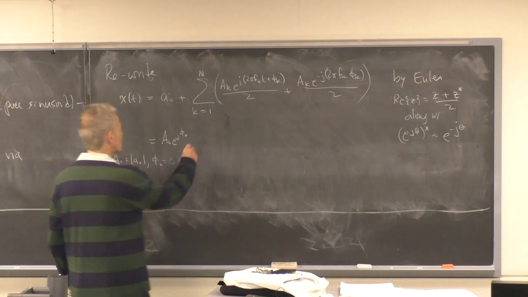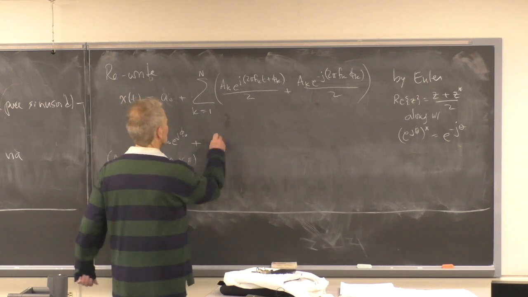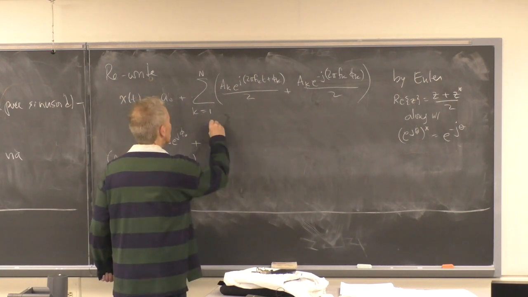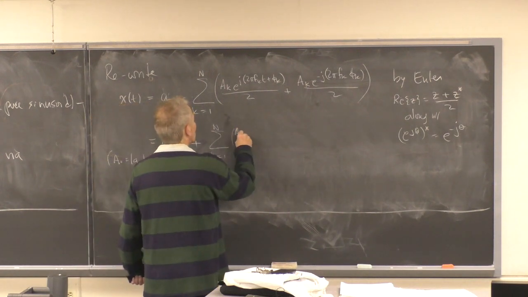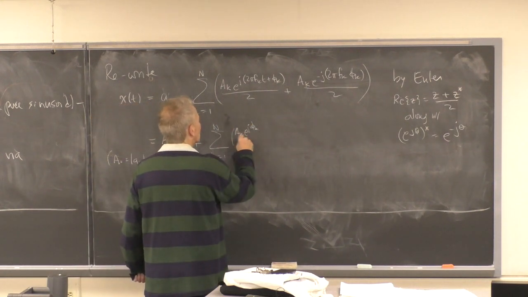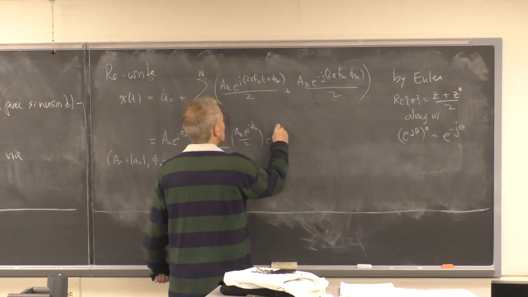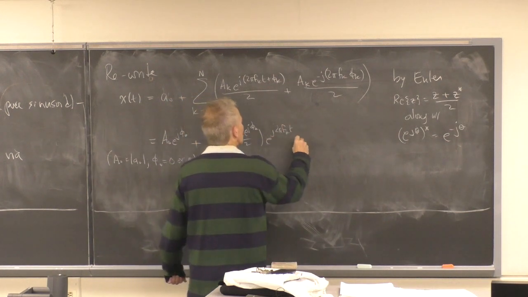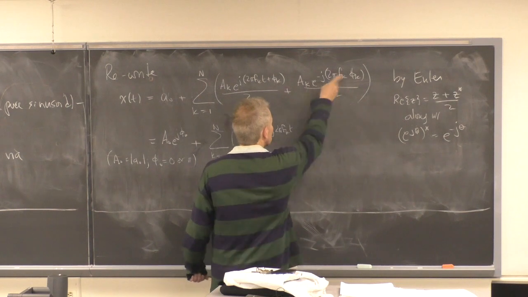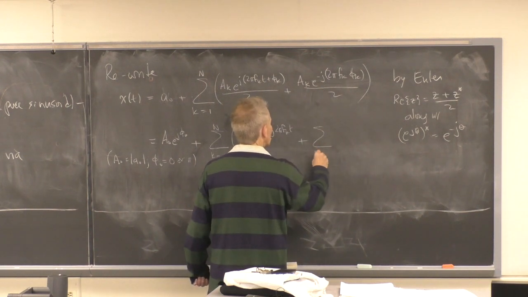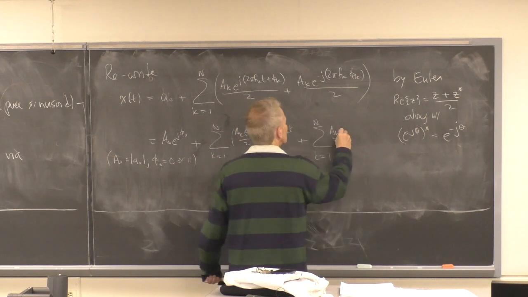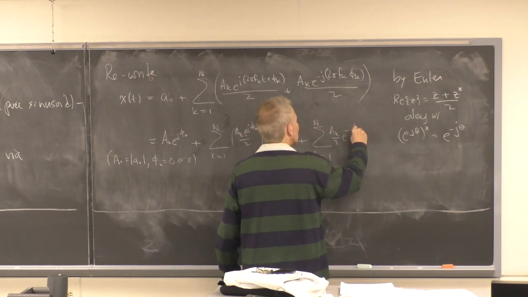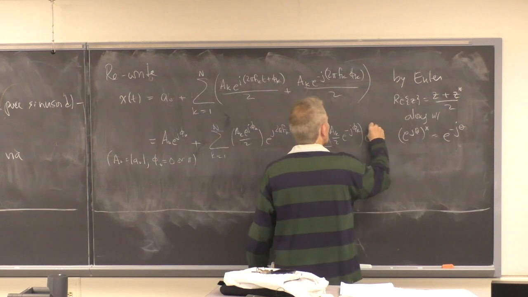So this is plus the positive terms, so the sum from k equals 1 to N. And I'm going to rewrite each of those as follows: ak over 2, e to the j phi k, e to the j 2 pi fk t. And the negative k, the negative frequency term, so sum from k equals 1 to N, ak over 2, e to the minus j phi k, e to the minus j 2 pi fk t.